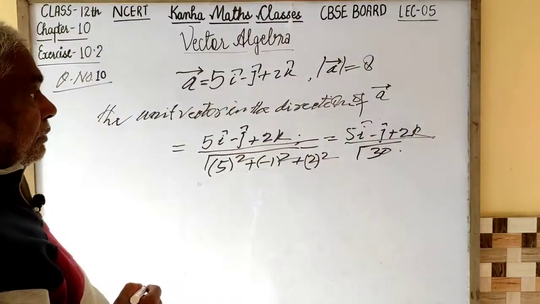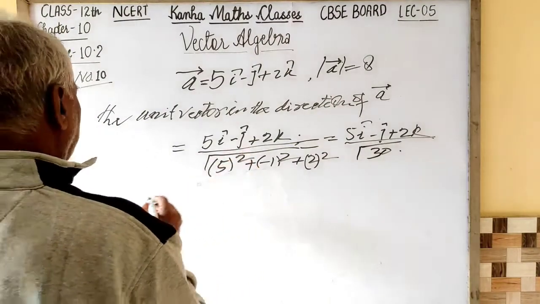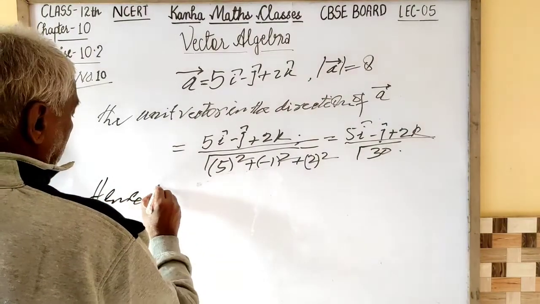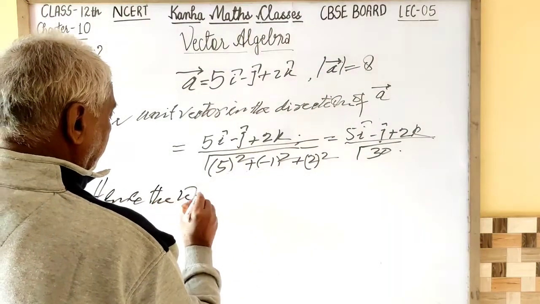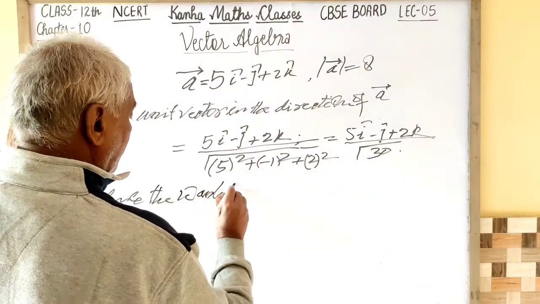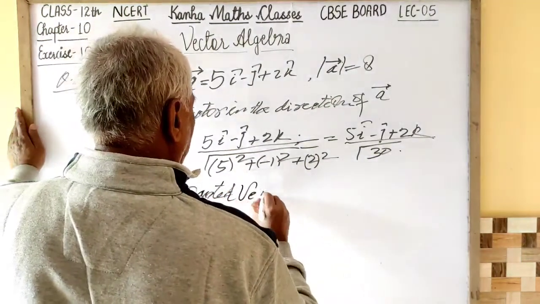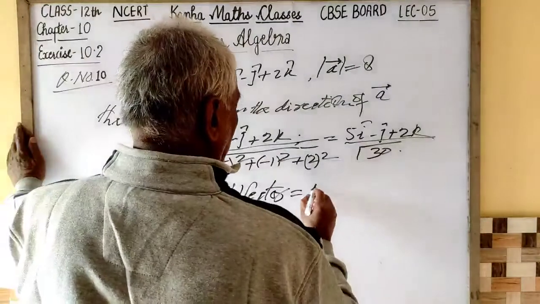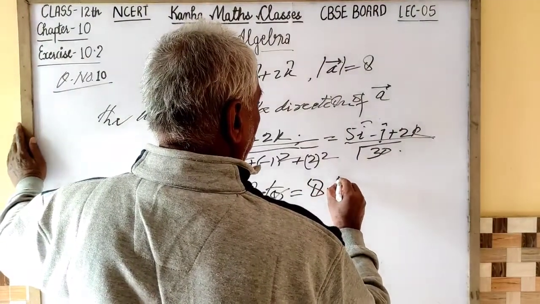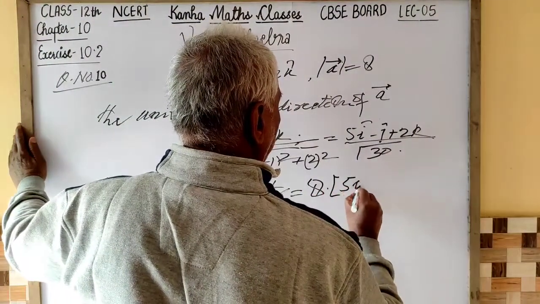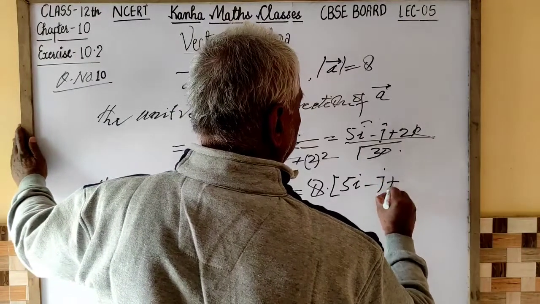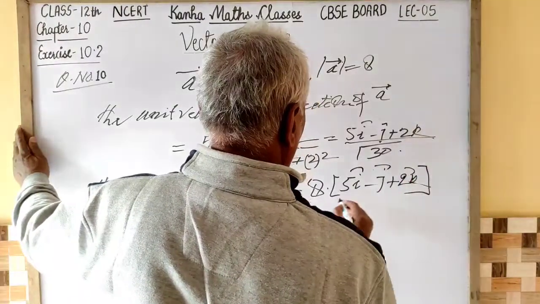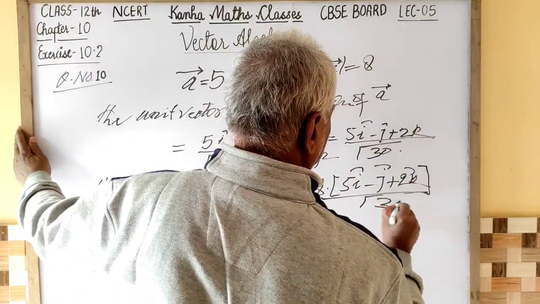But the wanted vector has the magnitude 8, hence the wanted vector is equal to 8 into 5i minus j plus 2k upon root 30.